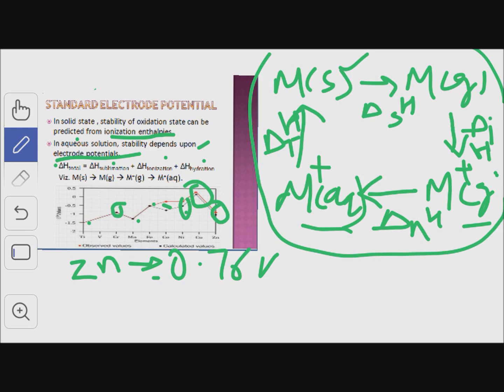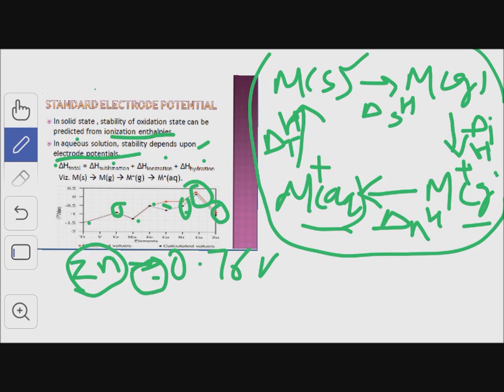This minus sign indicates the oxidation of zinc. It means it gets easily oxidized and replaces the hydrogen from acids, liberating hydrogen from the acids.